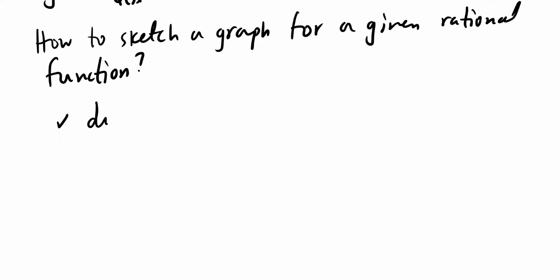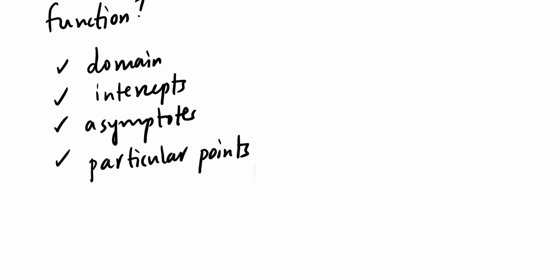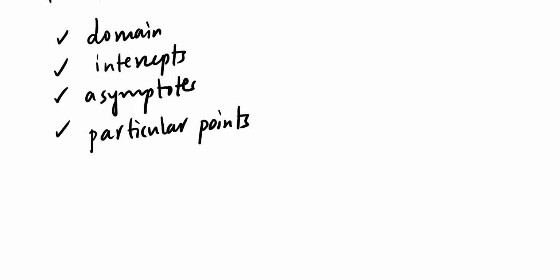First, we're going to find the domain of the given function. Then we're going to find the intercepts. Then asymptotes. And what we call particular points as needed. And we put all that together to get the graph.